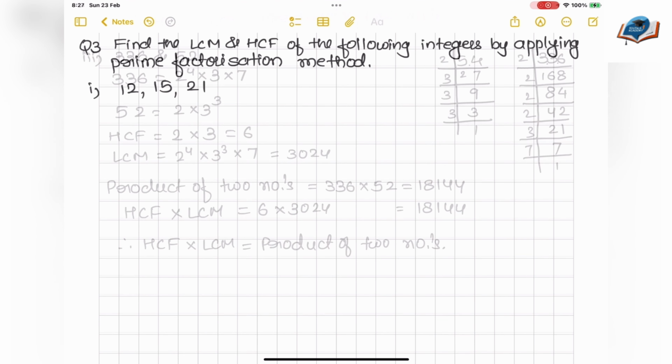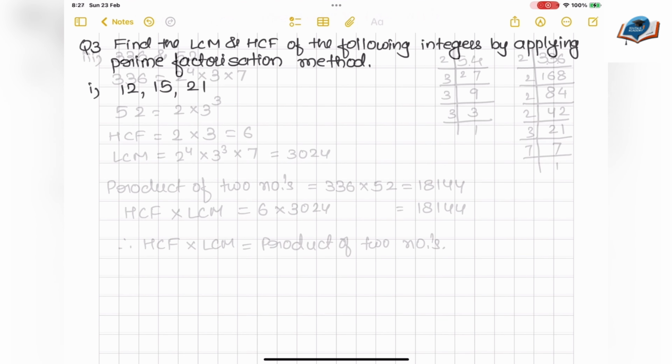If you see carefully, HCF will be 3 because only 3 is common between them. LCM will be 2 square into 3 into 5 into 7, that is 420.